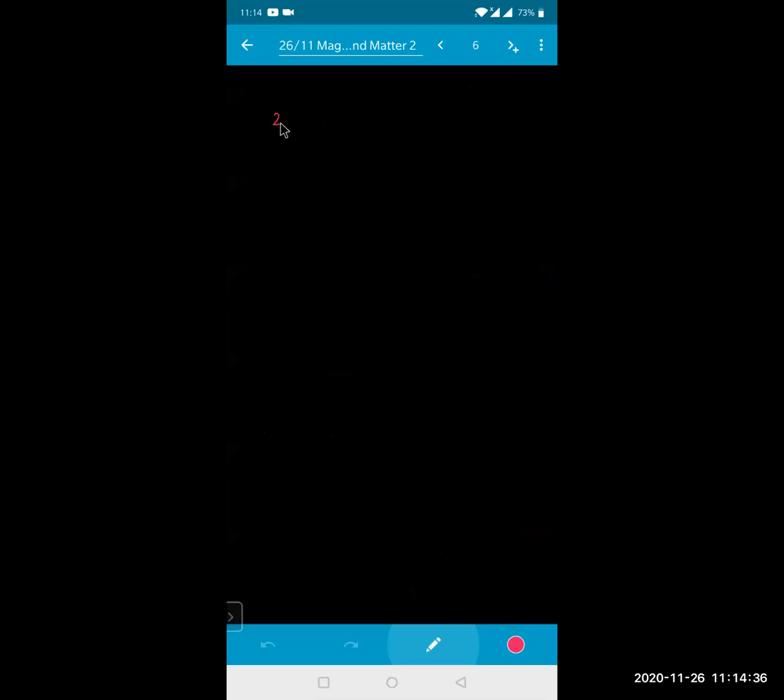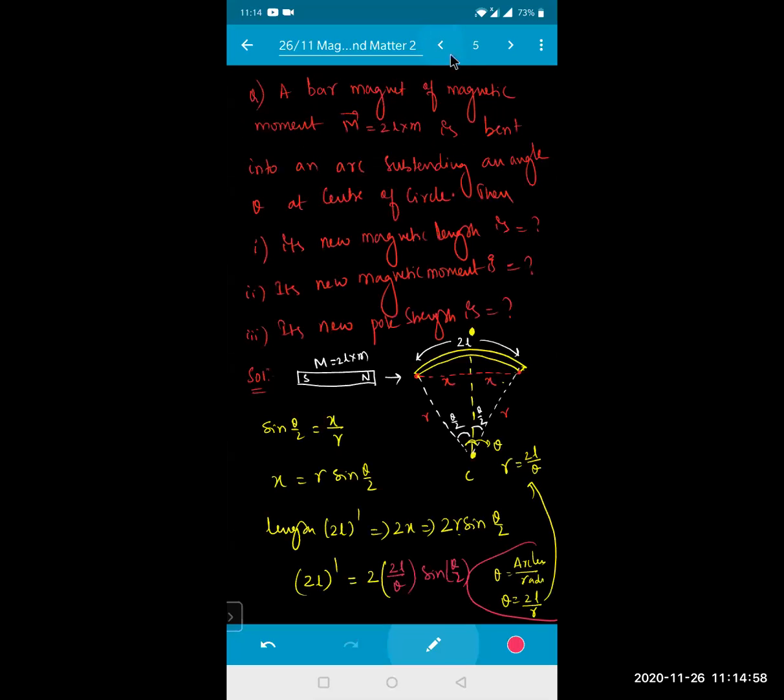That means 2l dash will be equal to 4 into l into sin theta by 2 divided by theta. So this is the new length of the bar magnet, and theta is in radians.